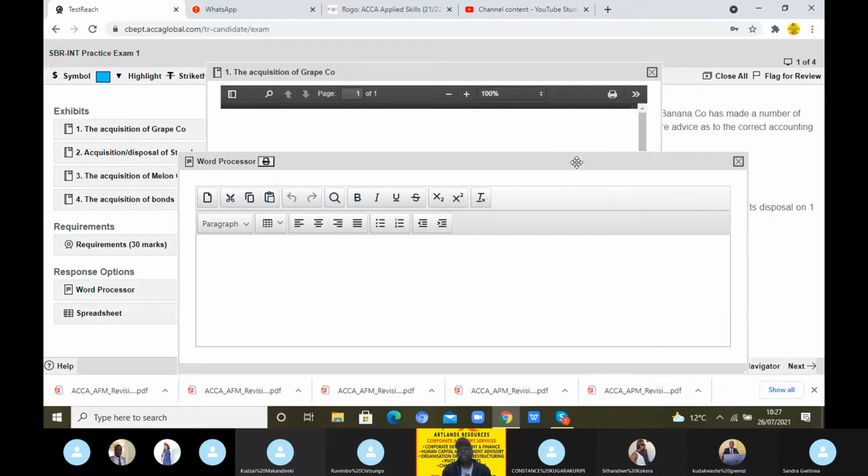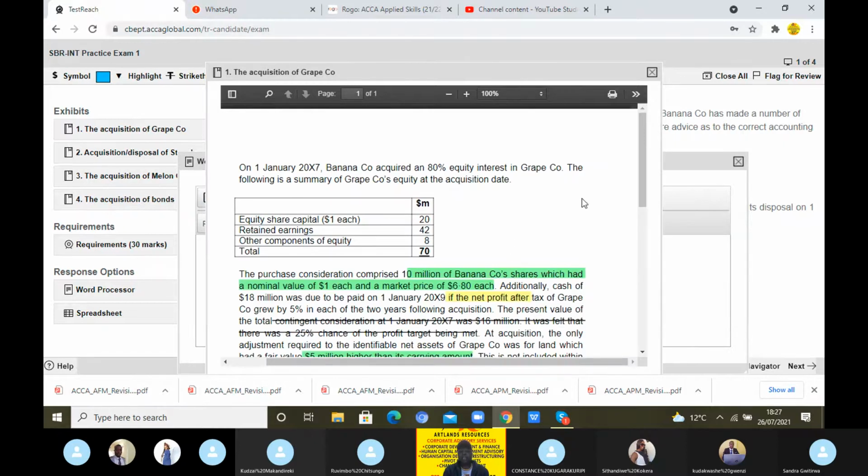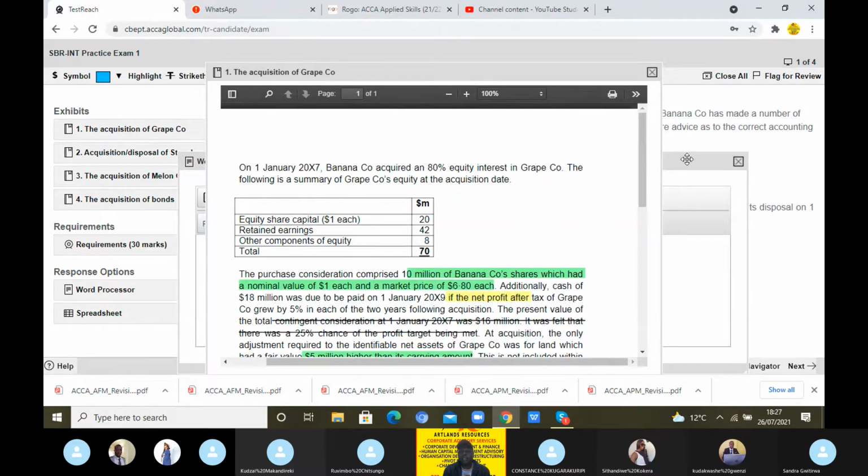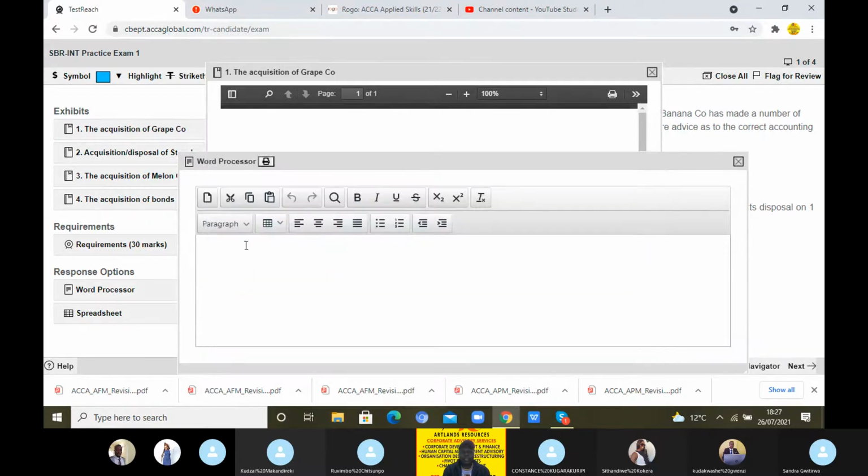The exhibit is shadowed by this response option. If I want the exhibit to come to the front, I just click on it. If I want the response option, I click on the top gray area like this, and it comes to the front. This is how I transition between the exhibits.